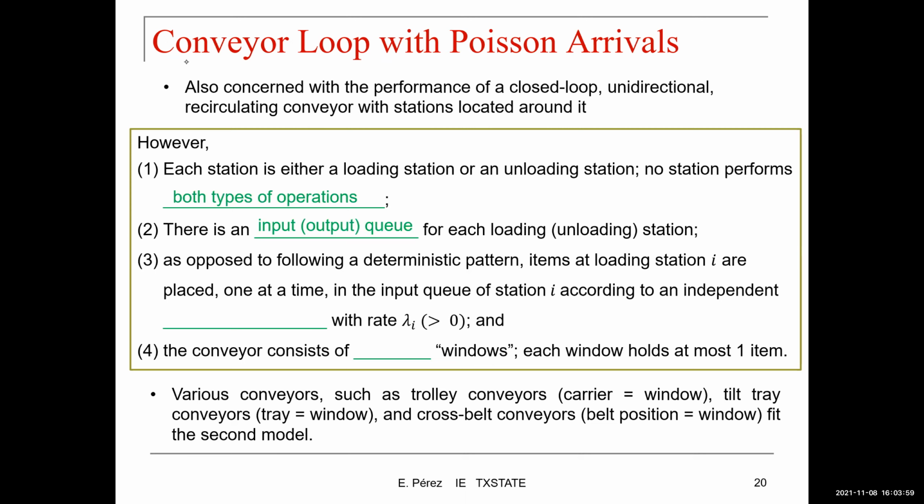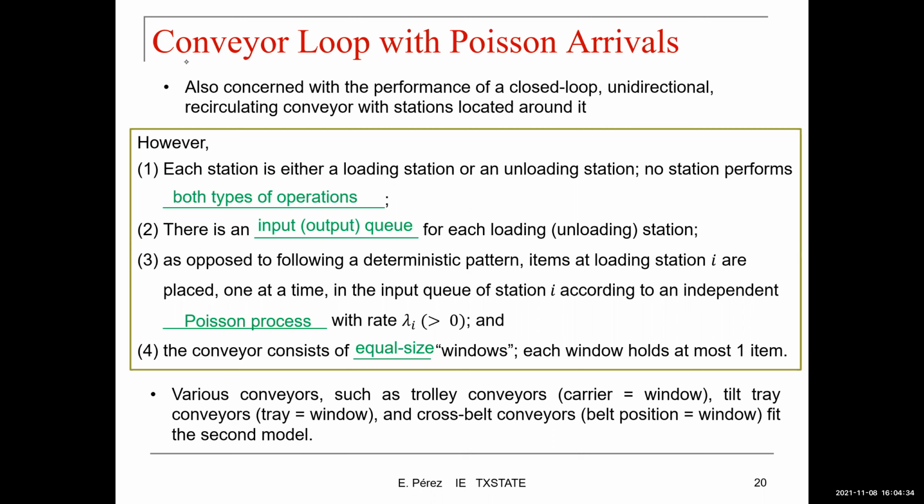Also, there is an input-output queue for each loading, unloading station. And as opposed to following a deterministic pattern, items at loading station i are placed one at a time in the input queue of station i according to an independent Poisson process with rate lambda i greater than 0. And the conveyor consists of equal size windows. Each window holds at most one item.